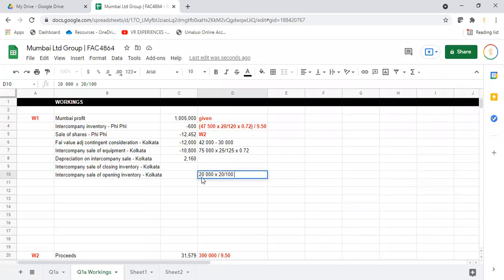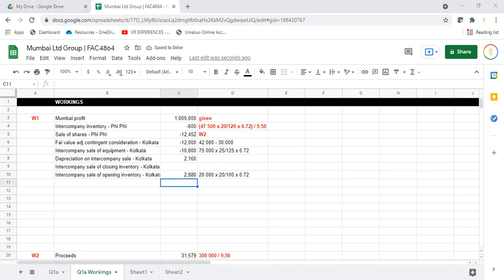Now, once again, we want an after-tax amount, so I'm going to multiply by 0.72. So I'm going to say 25 times 20 divided by 100 times 0.72. I'm adding it back, so therefore it is a positive.